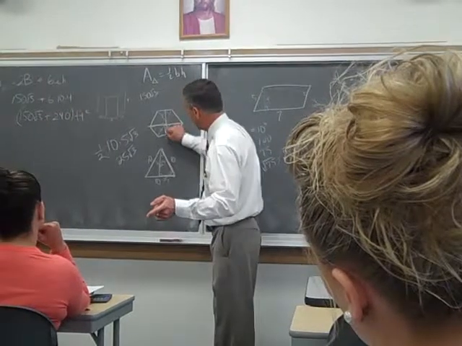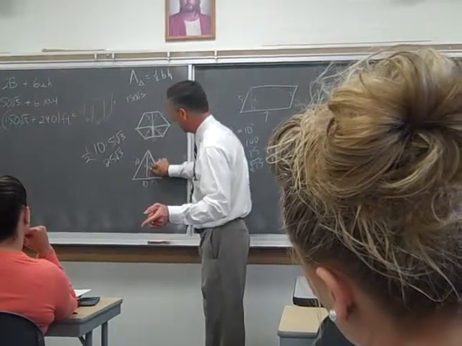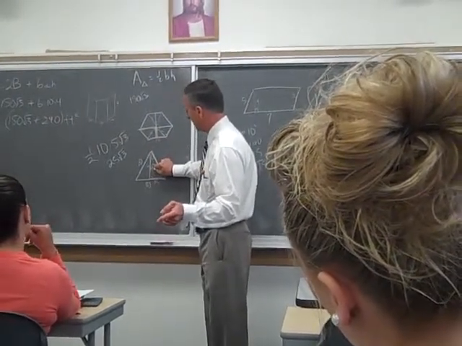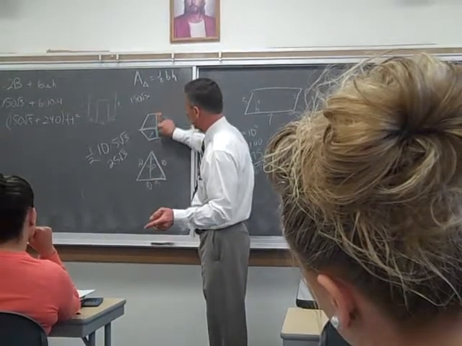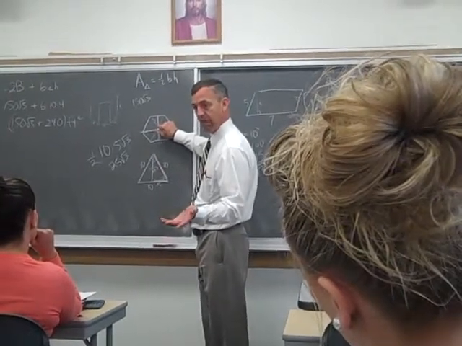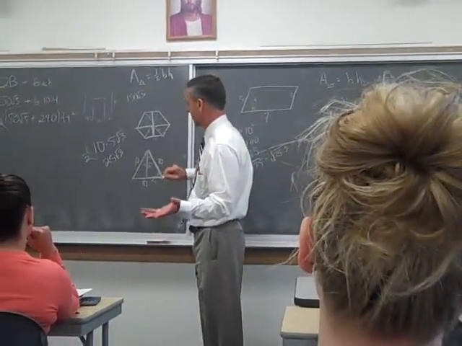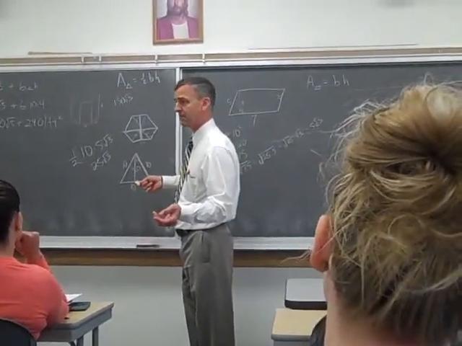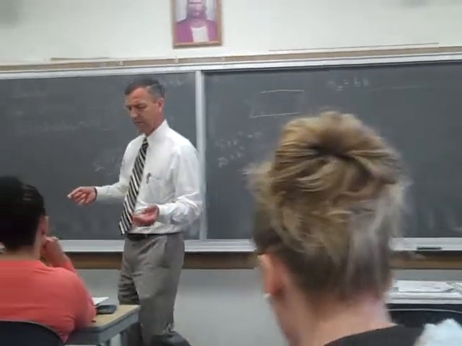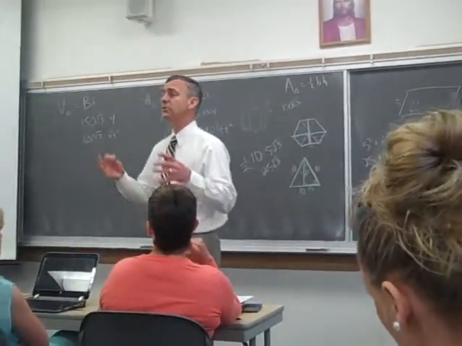We've already found that our height was what? 5 radical 3. Well, if that is, then so is that. So what's that distance? 10 radical 3. Everybody with me? I think we're getting so we can do this.